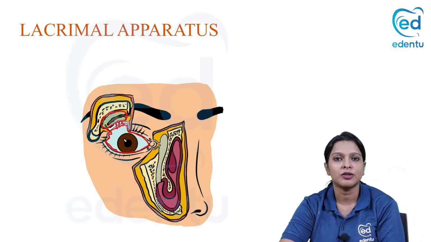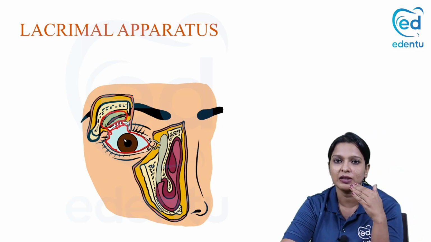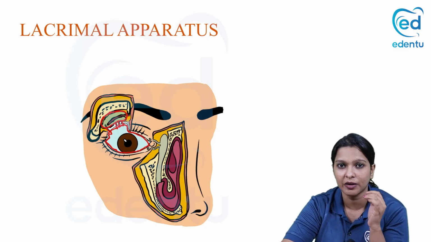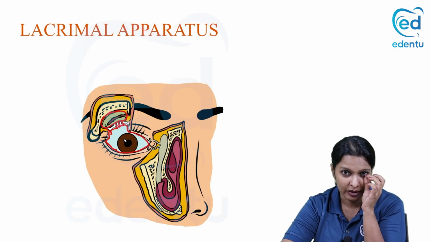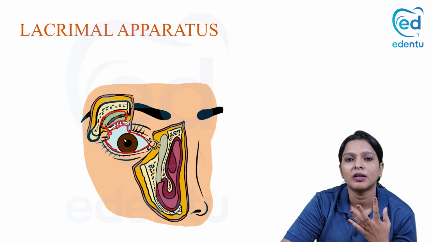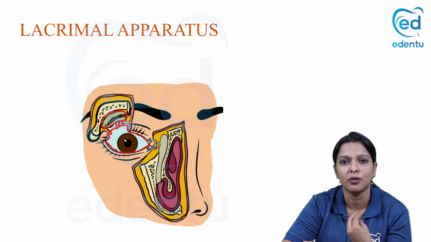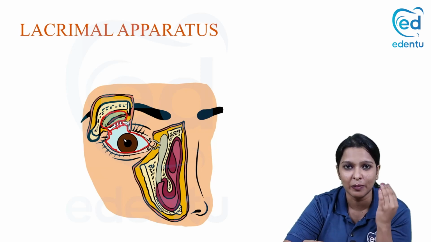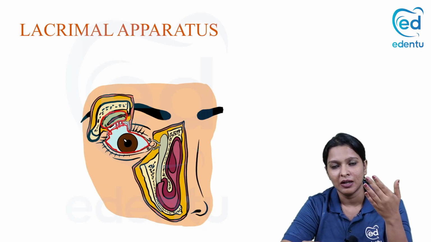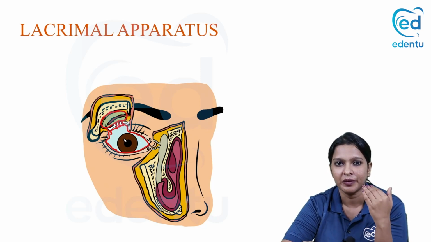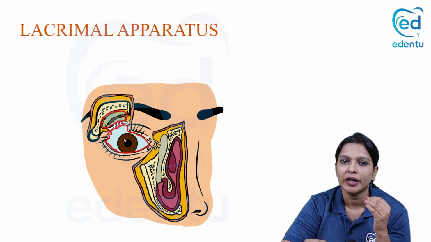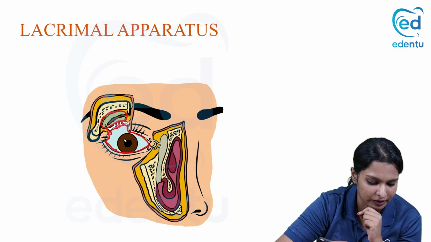So there are two parts of conjunctiva. One covers the surface of the eye, whereas the other part lines the inner aspect of the eyelid. You can see, it lines the inner part of the eyelid. When you are crying, before the tears flow out, they will accumulate in the lower part. That is the meeting point where the two components of conjunctiva, the ocular and the palpebral component, meet. That is also called the conjunctival fornix.